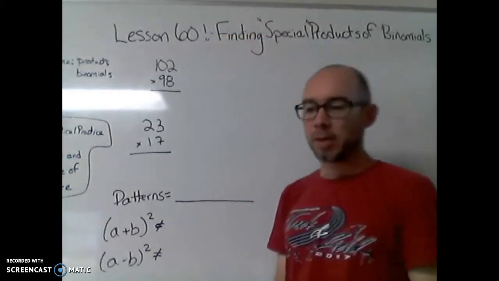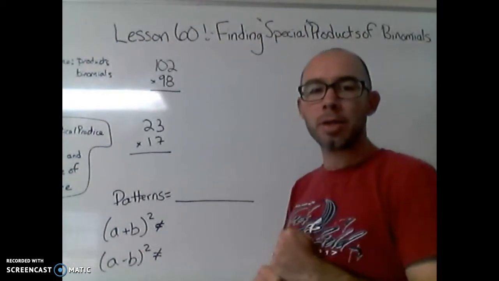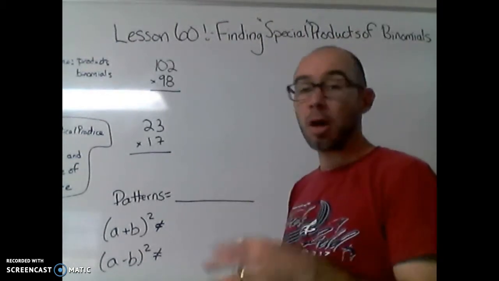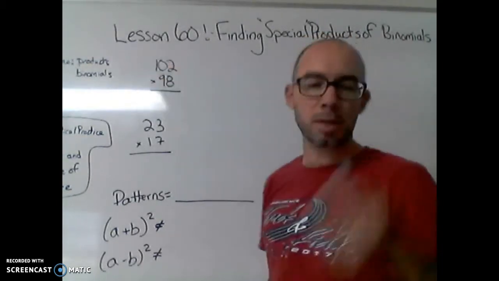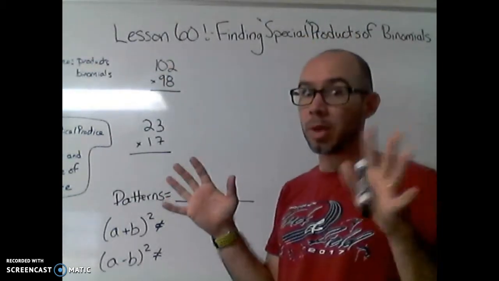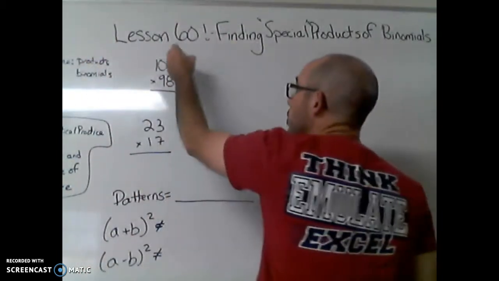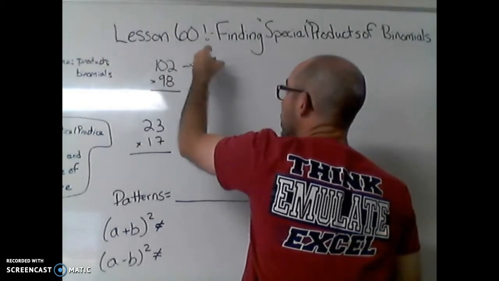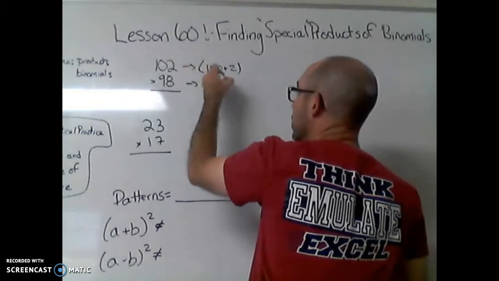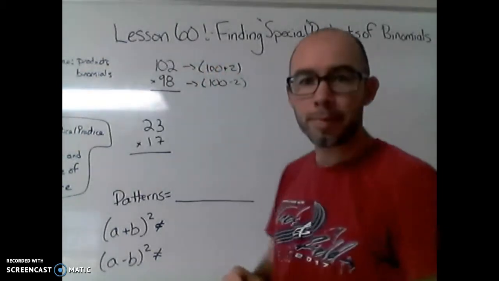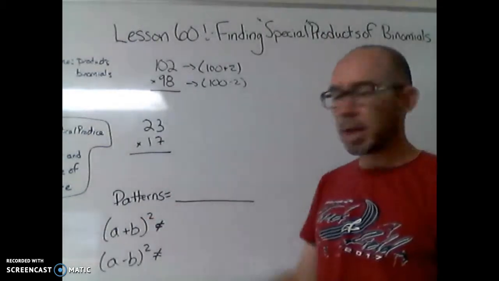We're going to take something first that's just a multiplication problem: 102 times 98. You can do it the long way, multiplying this times this times this, remembering where to put your zeros and to hold things. But a quicker way is to realize that 102 is actually 100 plus 2, and 98 is actually 100 minus 2. The reason that matters is that I just set that up like a binomial.